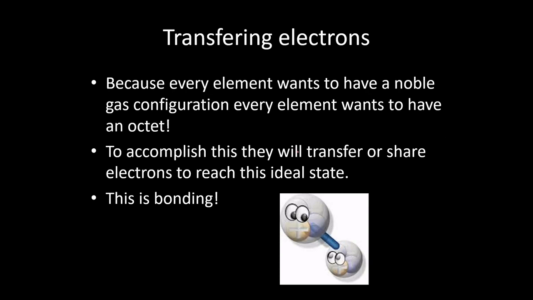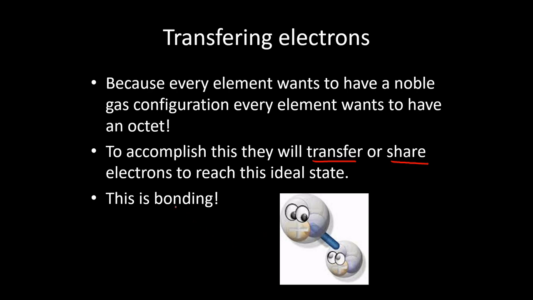So when we have these atoms with their Lewis dot structures and they're trying to make molecules, they do this by either trading or stealing electrons to get an octet. So they can either transfer electrons or they can share electrons to try to reach this octet of electrons in the molecule, or for that particular atom.